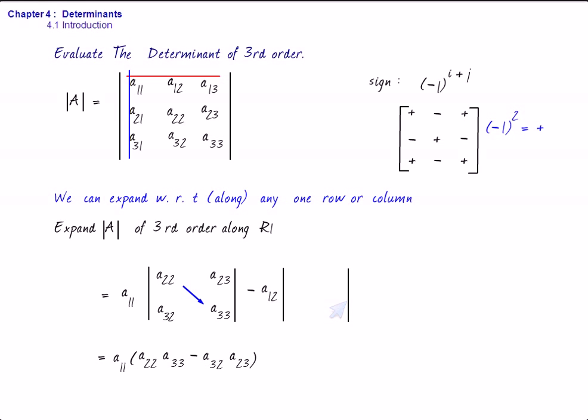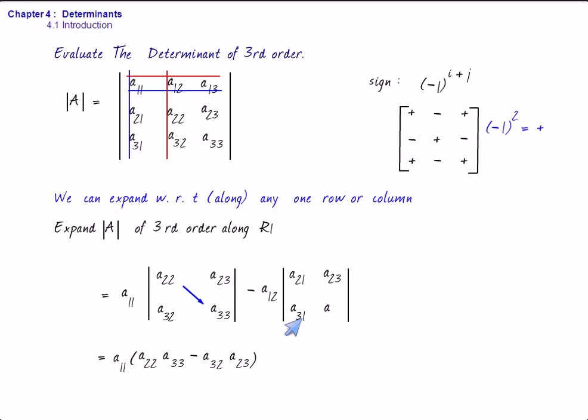You are left with A21, A23, then A31 and A33.